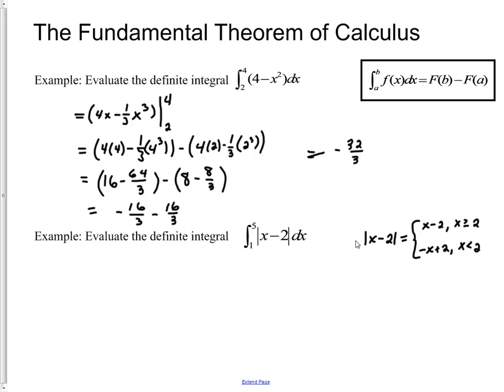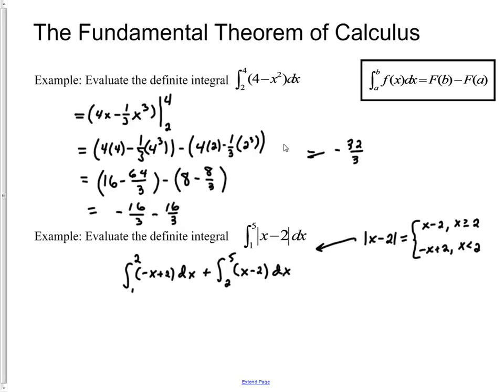So the implication for our expression is that this is really going to become a definite integral from 1 to 2 of the quantity negative x plus 2 dx, plus our definite integral from 2 to 5 of the quantity x minus 2 dx.